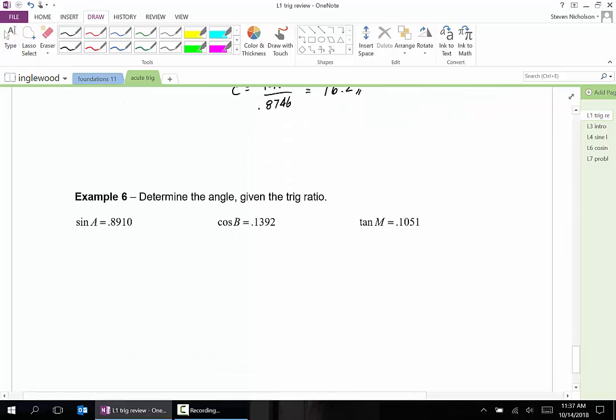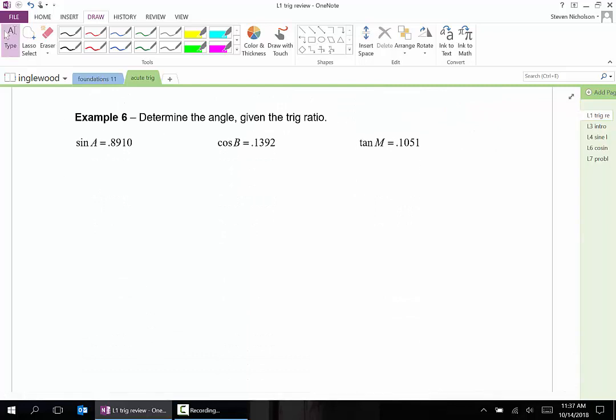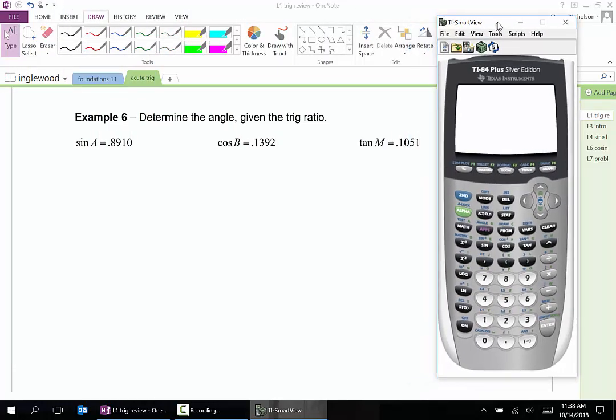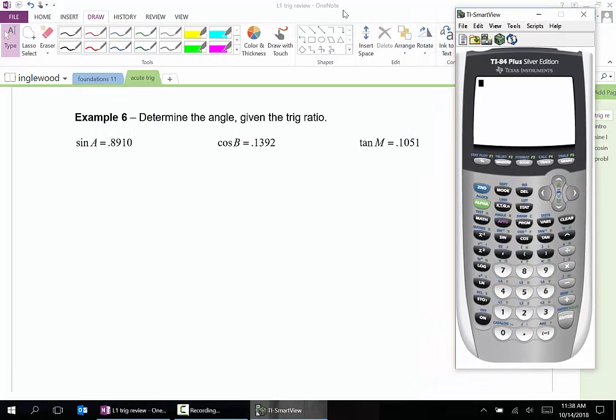Okay, so we figured out sides so far, and we figured out angles that are really simple, but trigonometry will also allow us to figure out our angles. Figuring out angles where we have a ratio is actually the easiest thing to do in trigonometry because you entirely need your calculator to do it.